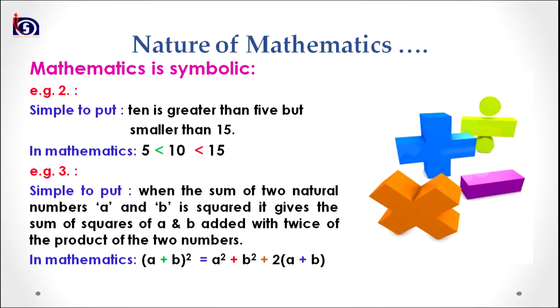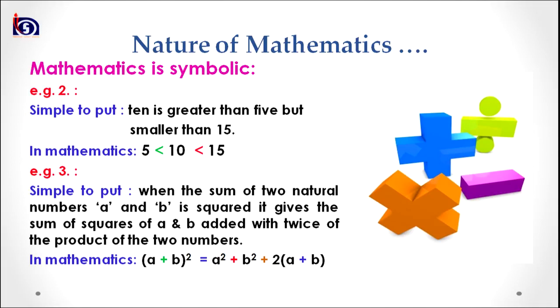There is again a statement: 10 is greater than 5 but smaller than 15. When it is converted into a mathematical expression by using the less than and greater than symbols, it becomes 5 is less than 10 and 10 is less than 15. This expression makes the statement more clear, precise and comprehensible in nature.